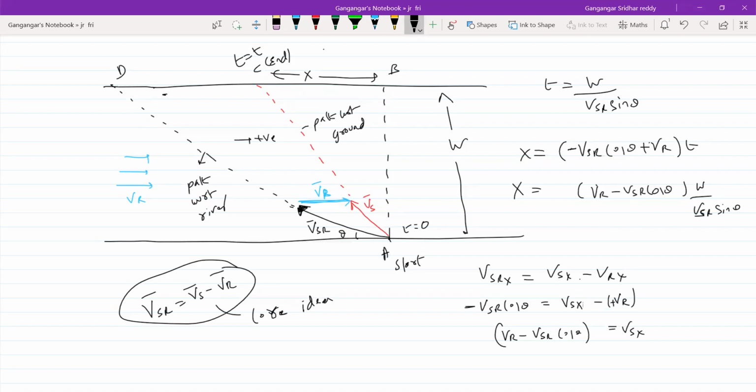Now in your numerical, if VR is greater than VSR cos theta, tell me, the endpoint will be on the right side. If VR is less than VSR cos theta, then the endpoint will be on the left side. X will become negative. Whether X is positive or negative is determined by this bracket term. Here I assume that VSR cos theta is greater than VR, so the endpoint has come on the left side.